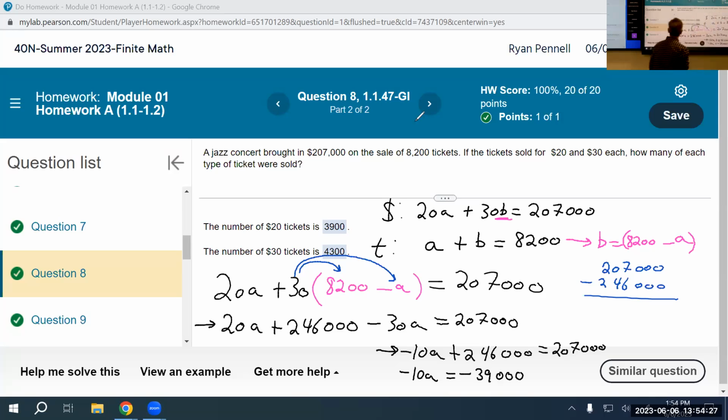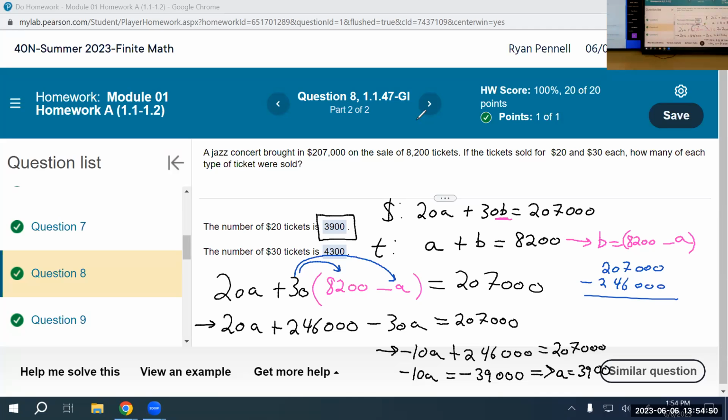And so if I divide by -10, that's just going to lop off a 0 and make it positive. So I think A equals 39. We see that was the correct answer.